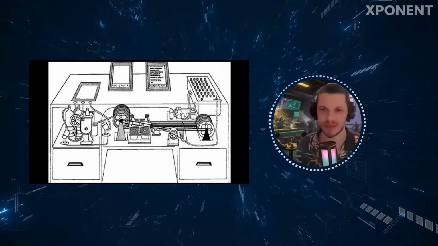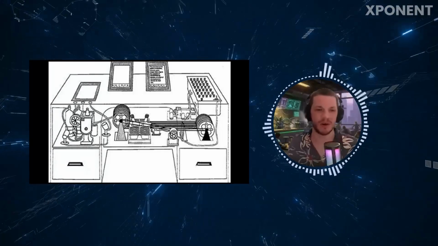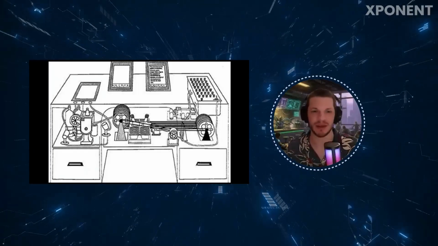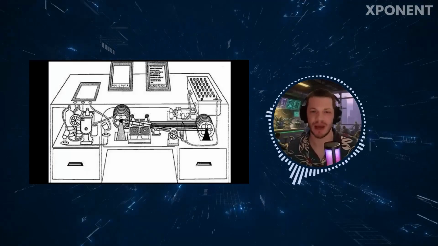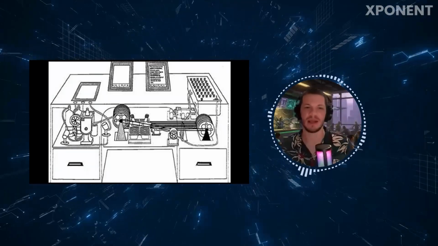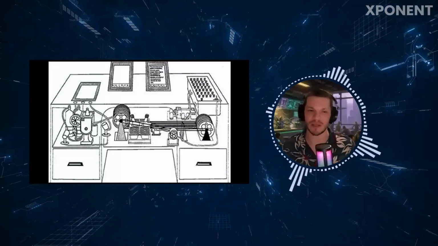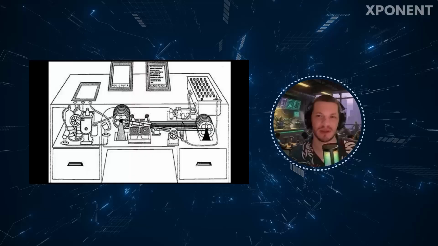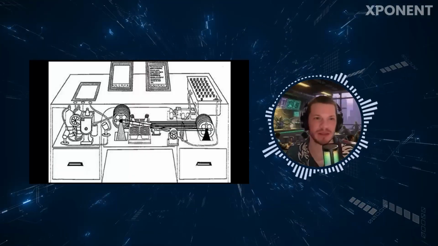He never built it, it's just theoretical, but it stored documents not alphabetically, but by association. So he argued that the human mind works with trails, not categories, and it would allow users to link one document directly to another. So he effectively invented hyperlinks 50 years before the World Wide Web existed.